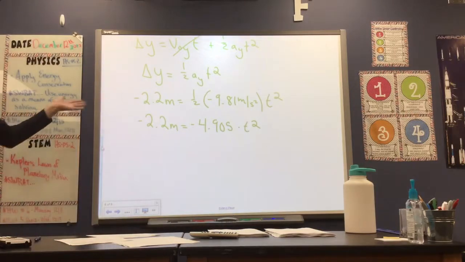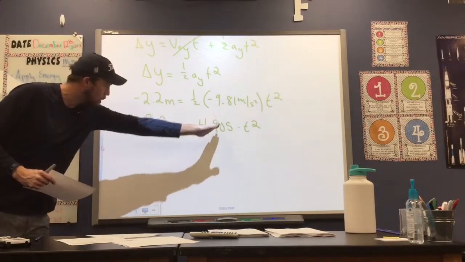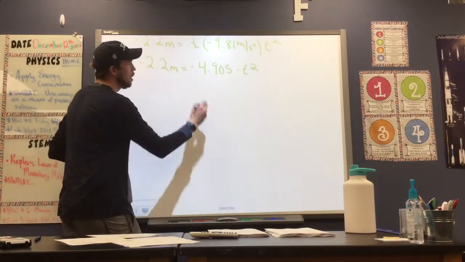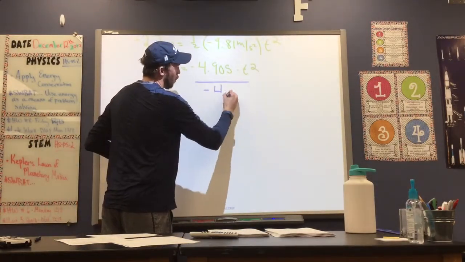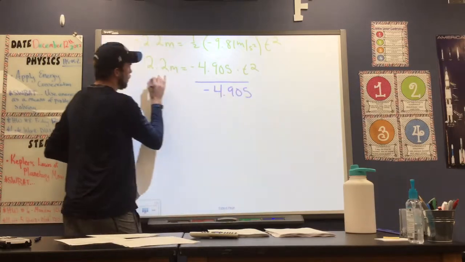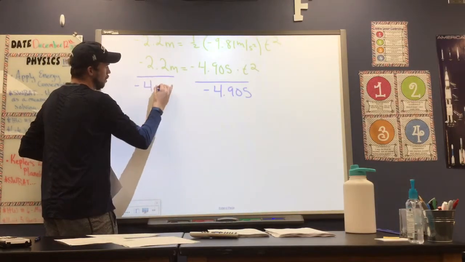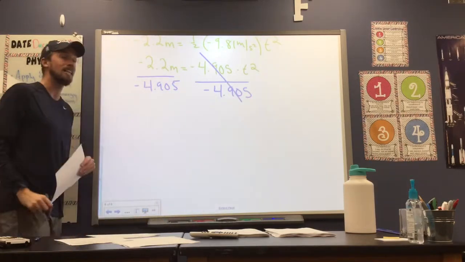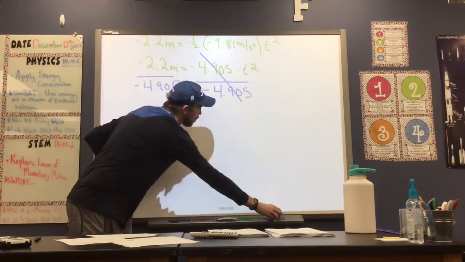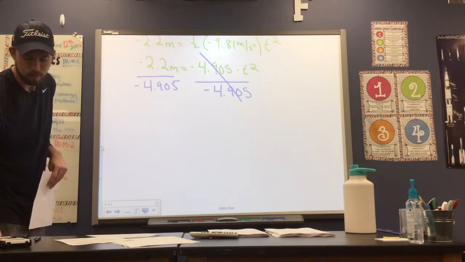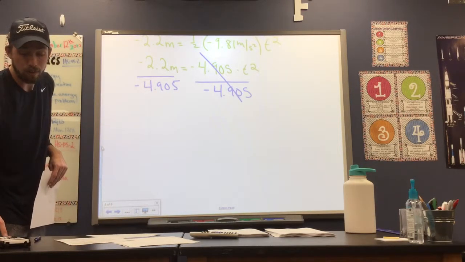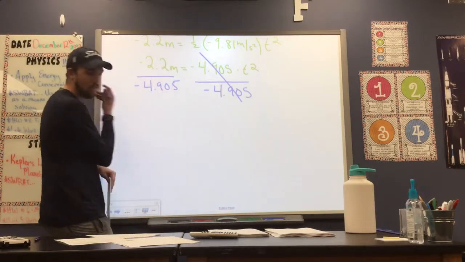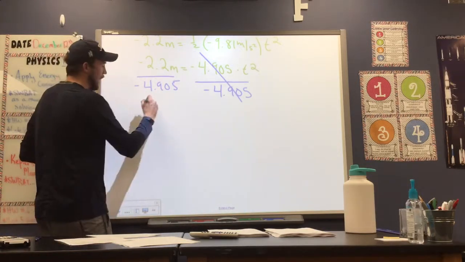You'll notice I have two negatives, so when I divide this value over to the left-hand side, those two negatives will give me a positive. We'll divide by negative 4.905, because we have an equation that is equal on both sides, so we need to do that to the left and the right. This value cancels out on the left. I'll take negative 2.2, divide by negative 4.905, and on the left-hand side that looks like about 0.448.